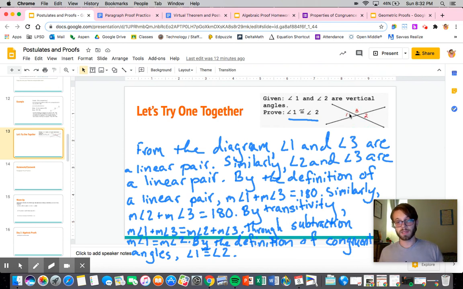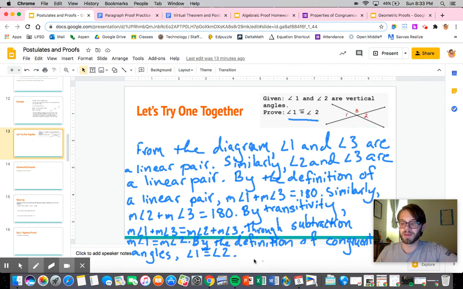When we can set them equal to each other, we can subtract things from both sides through the subtraction property of equality. And then ultimately, that just leaves us with the measure of angle 1 is equal to the measure of angle 2. We already used a similar argument in the last proof that we did. We said that by the definition of congruence, in this case the definition of congruent angles, the two angles were congruent. Thus, we had proved what we were trying to do.